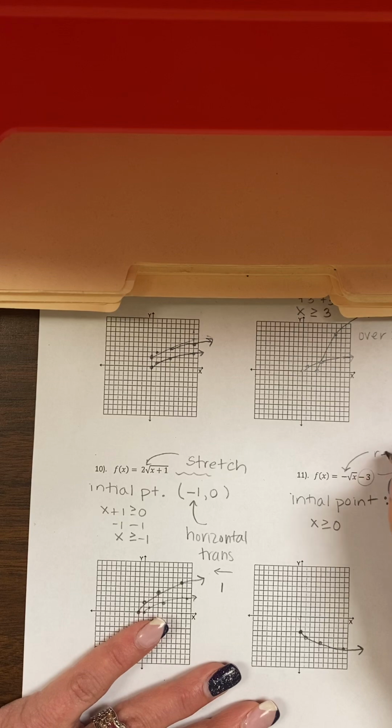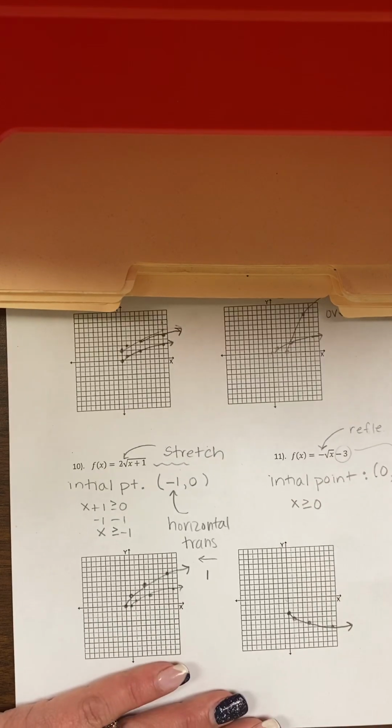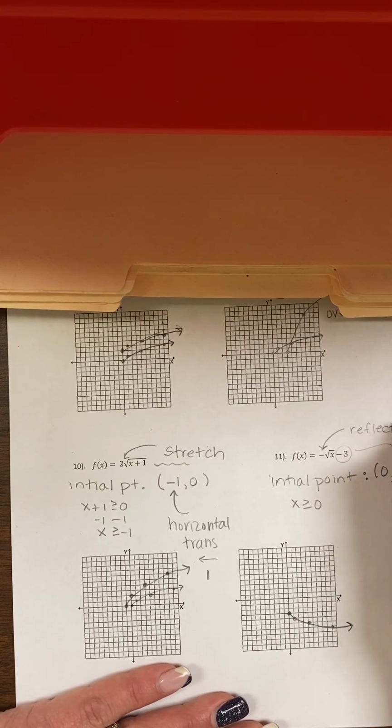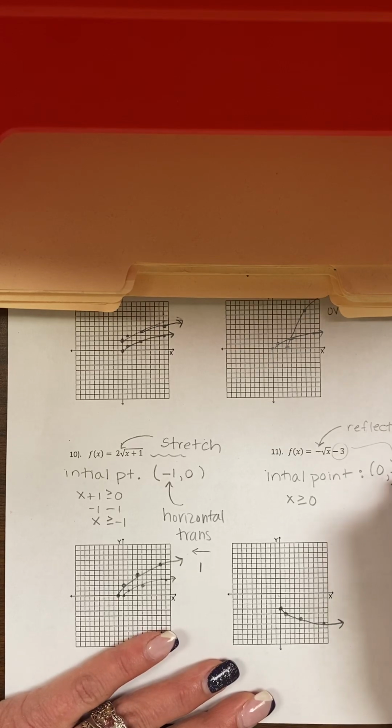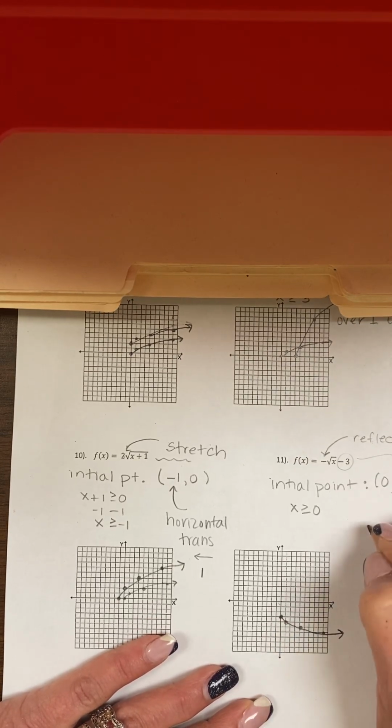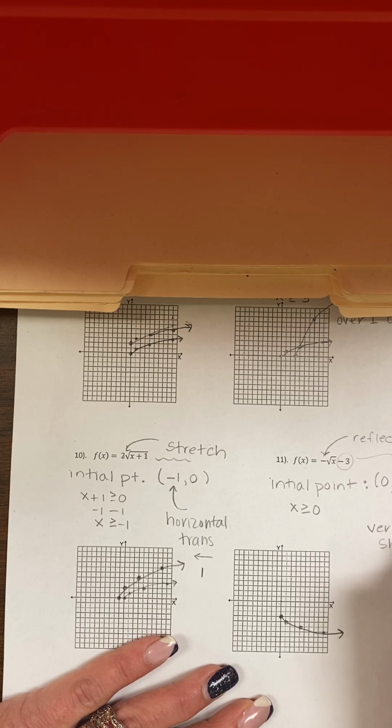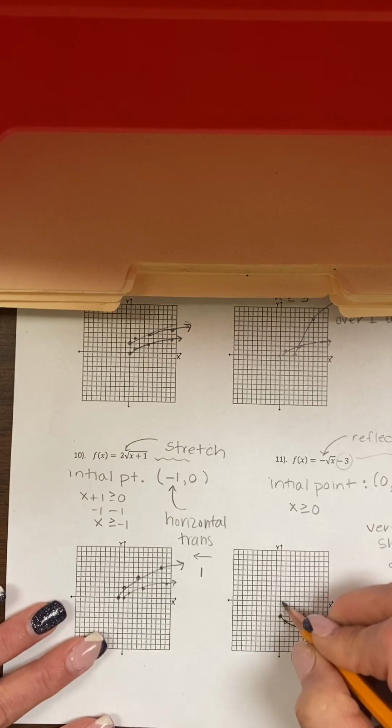This one had a reflection due to the negative, and it had a vertical shift down 3.